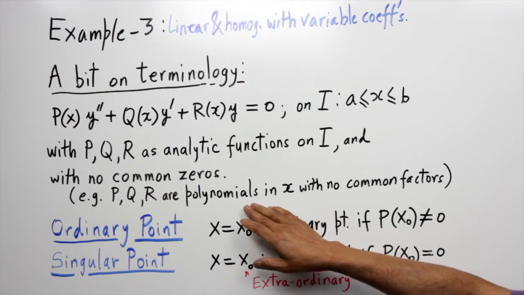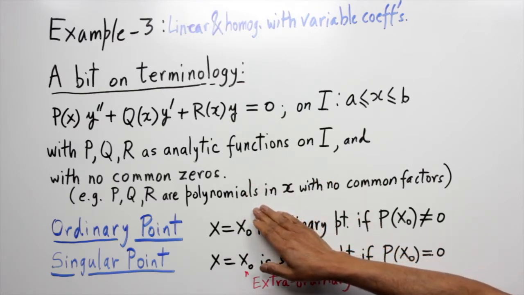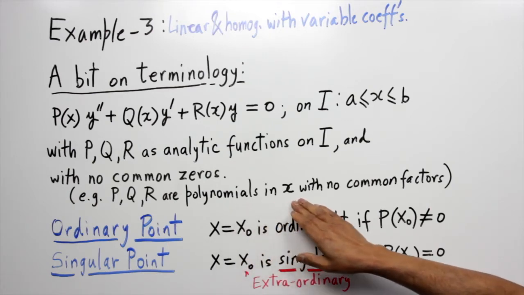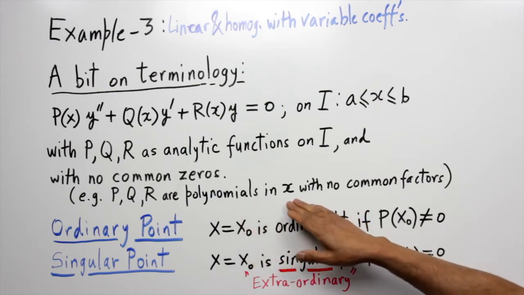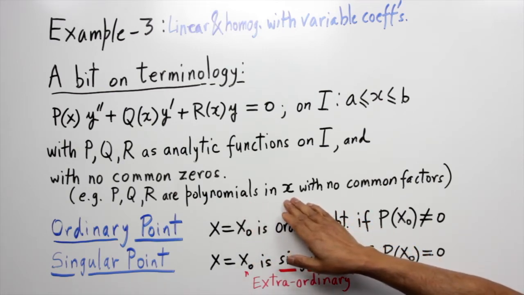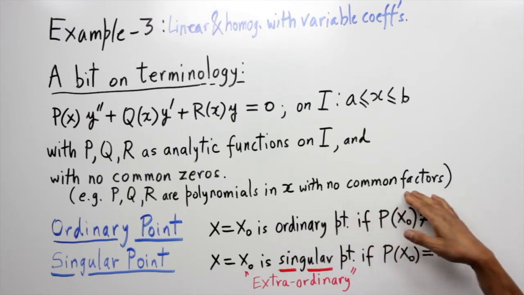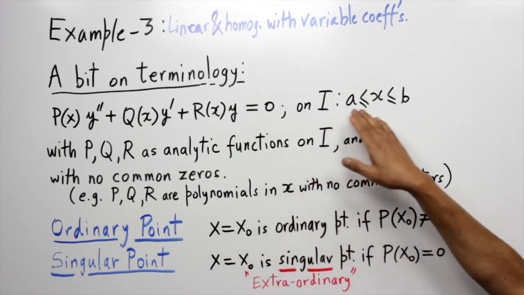So an example of functions which satisfy these properties would be functions P, Q, and R which are polynomials in the independent variable x. So if they are polynomials, we can factor them with respect to the zeros they have, and so the assumption is that they have no common factors, and so they will not vanish together at any place within this interval.